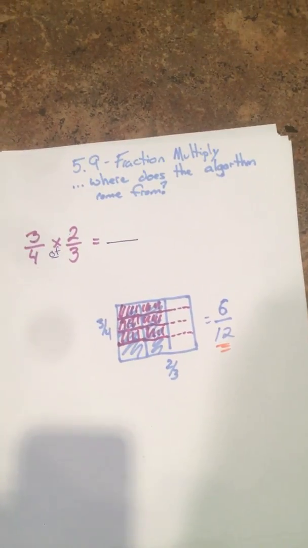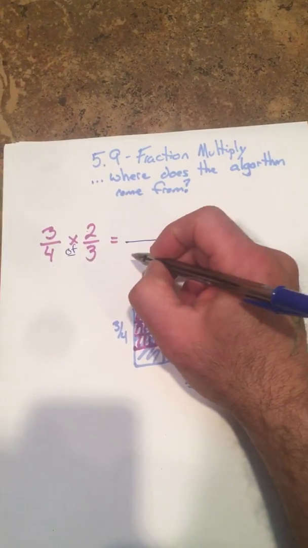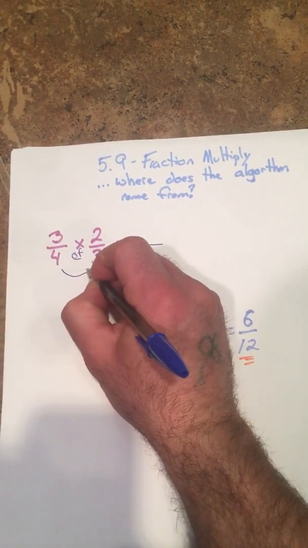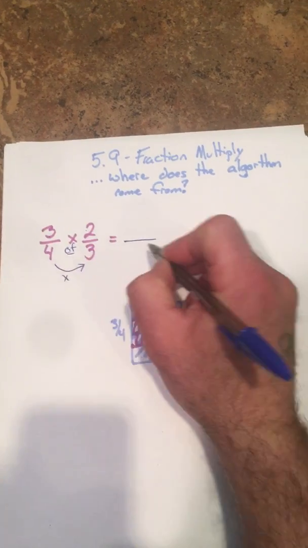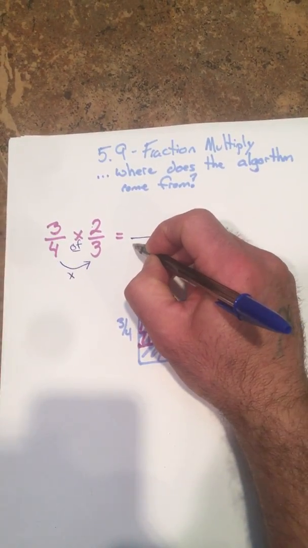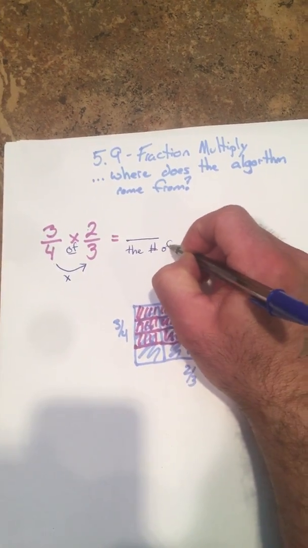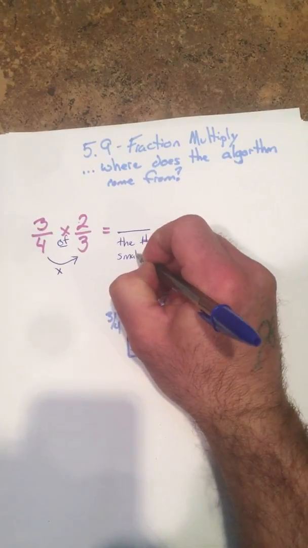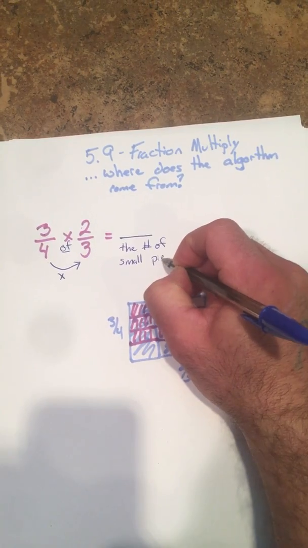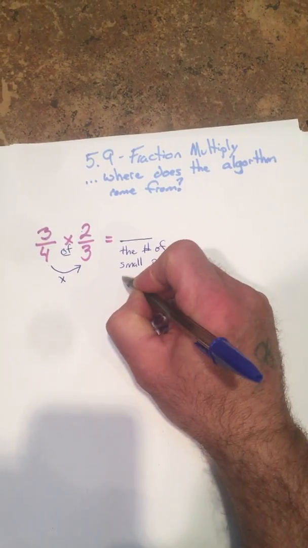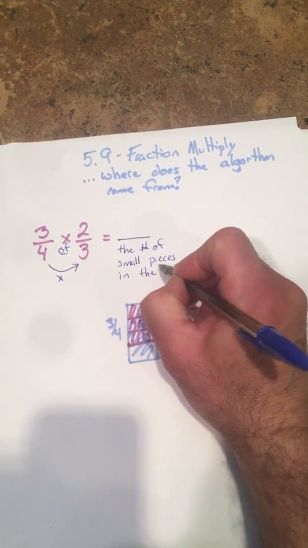So I'm going to write this. The algorithm of multiplying our denominators gives us the number of small pieces in the whole.